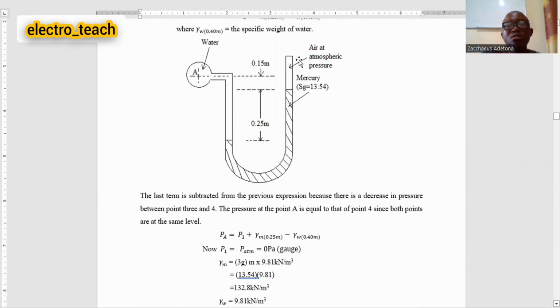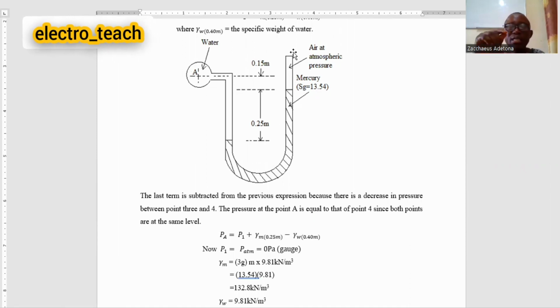Take note: to start the calculation in this case, you start from the vertical side of the manometer, calculating the pressure from point to point, then you turn around and calculate it up to the bulb area of the manometer.